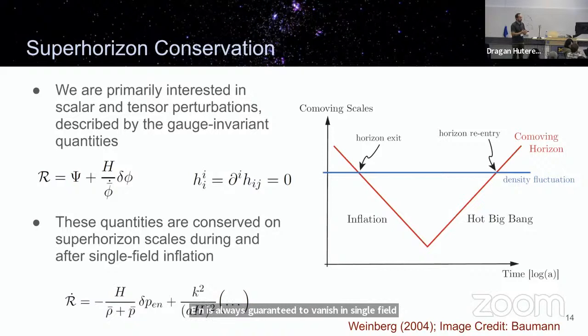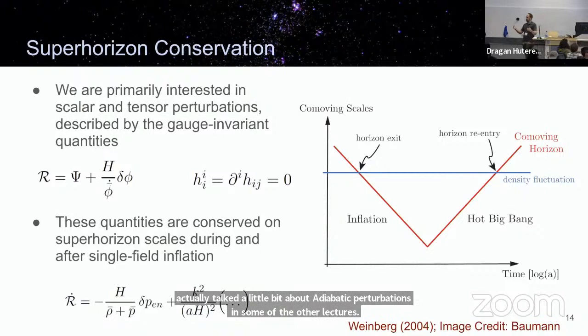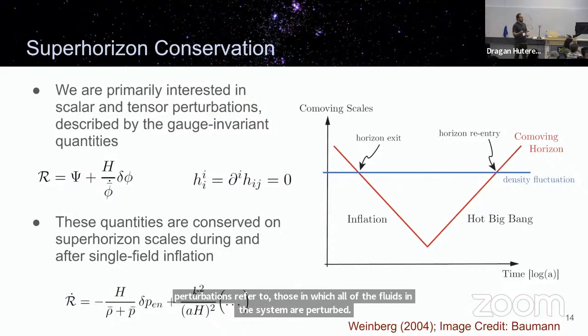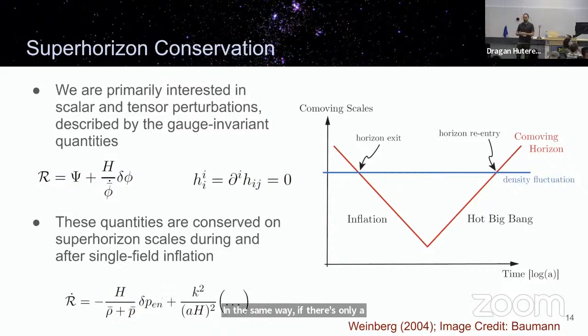Single field models of inflation always predict what are called adiabatic perturbations. One simple way to understand this is that we've talked a little bit about adiabatic perturbations in some of the other lectures. Adiabatic perturbations refer to those in which all of the fluids in the system are perturbed in the same way. If there's only a single scalar degree of freedom in your problem, you're guaranteed to have only adiabatic fluctuations.